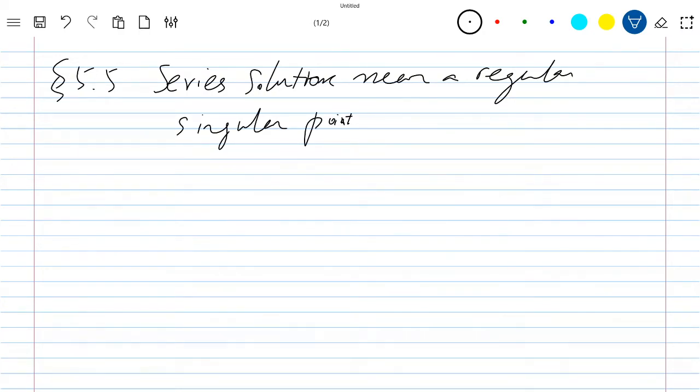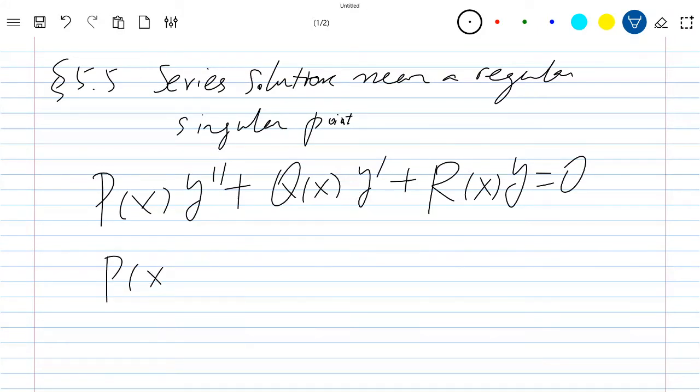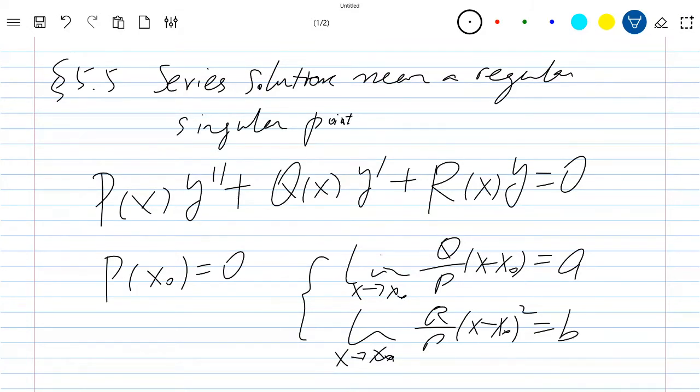MATH555: series solutions near a regular singular point. Suppose we have an equation given in this form, and we have two conditions: p of x naught is 0, and the limit as x goes to x naught of q over p times (x minus x naught) equals a, and the limit of r over p times (x minus x naught) squared converges to b.